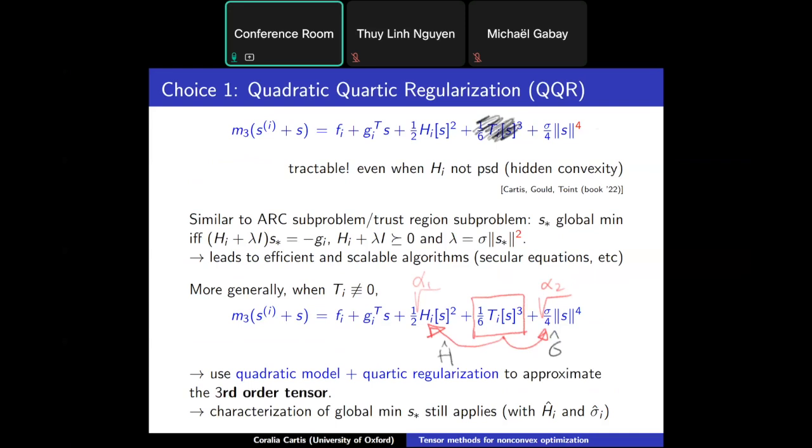The reason we say it's tractable is that we can characterize global minimization. So assume there is no T: quadratic plus a higher-order norm of the step. I can characterize global minimizers of these non-convex models, and then I can solve this characterization. And this is how we can show we can get a polynomial approach.